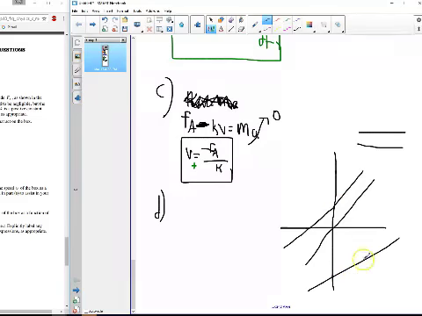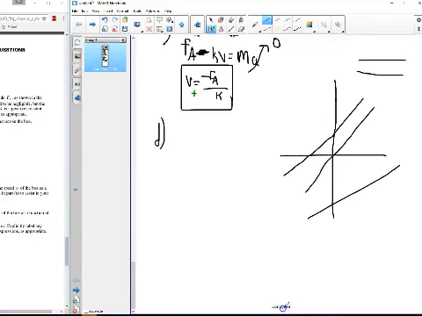Only their y-intercepts are different, and y-intercepts don't matter when you're taking the derivative of a function. So that's why plus c, and why v equals 0 at time t equals 0. In this case, plus c is just going to be 0, so we don't have to worry about that.